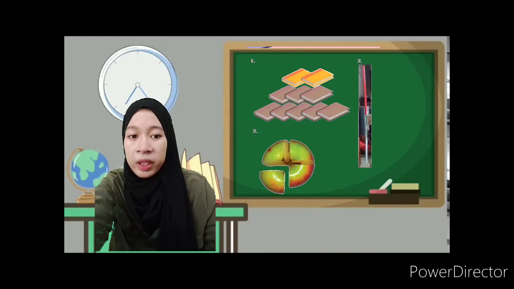In the observation of the books in picture part 1, a fraction is seen as part of a whole. In the observation of the stick and the apple in picture parts 2 and 3, a fraction is seen as part of a unit.